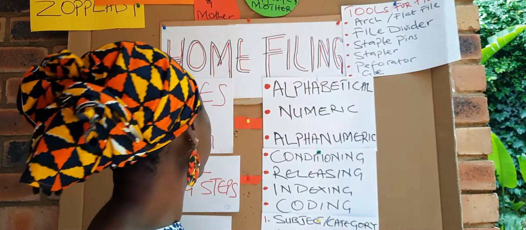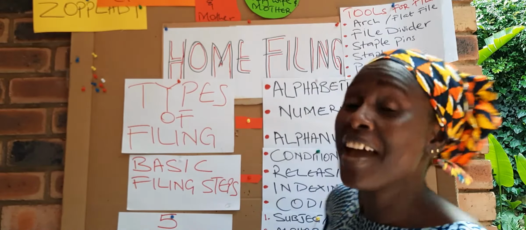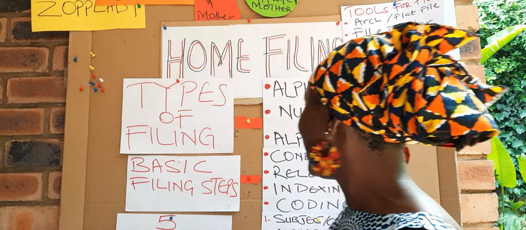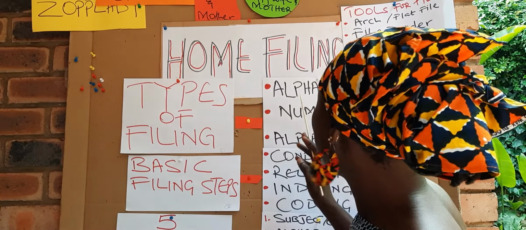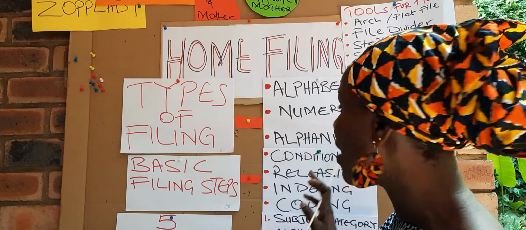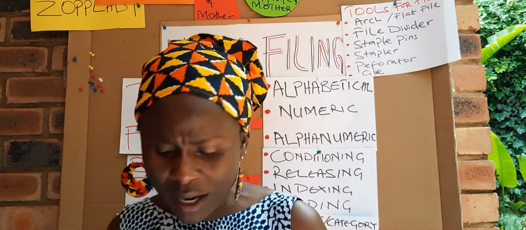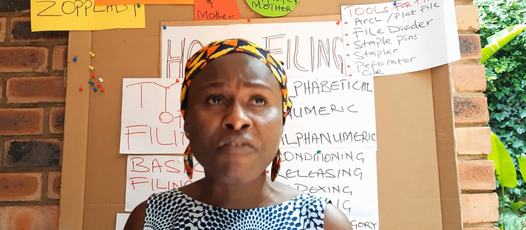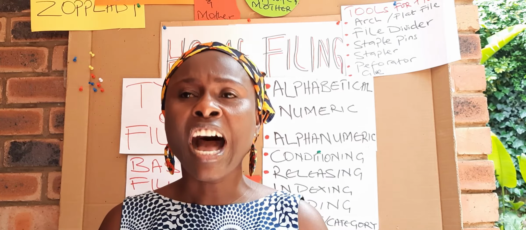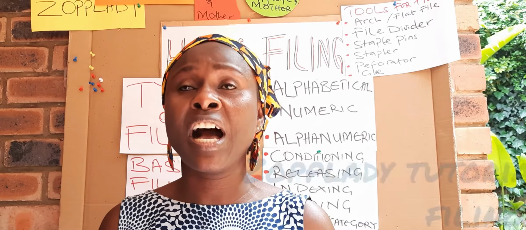Okay, so home filing. There are three types of filing everywhere in the world. We have the alphabetical filing, numerical filing, and then alphanumeric. When we talk about alphabetical filing, we're talking about arranging the alphabet in order.